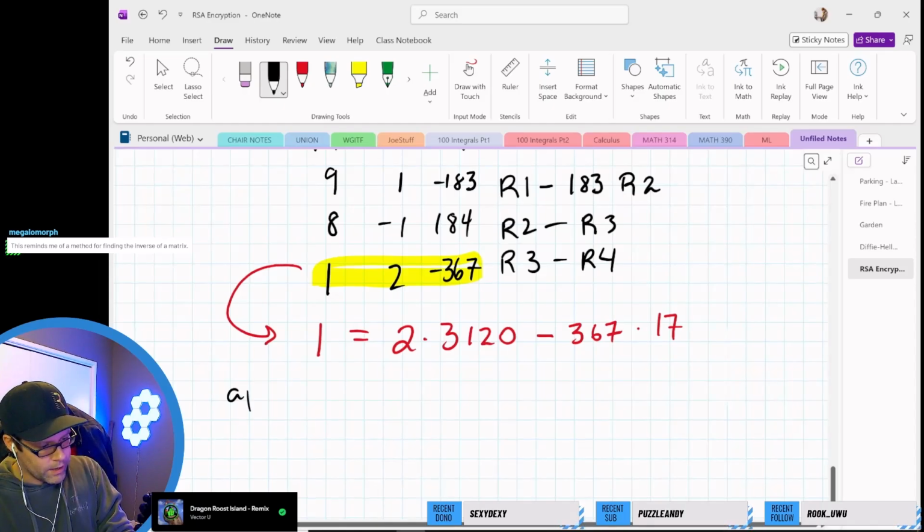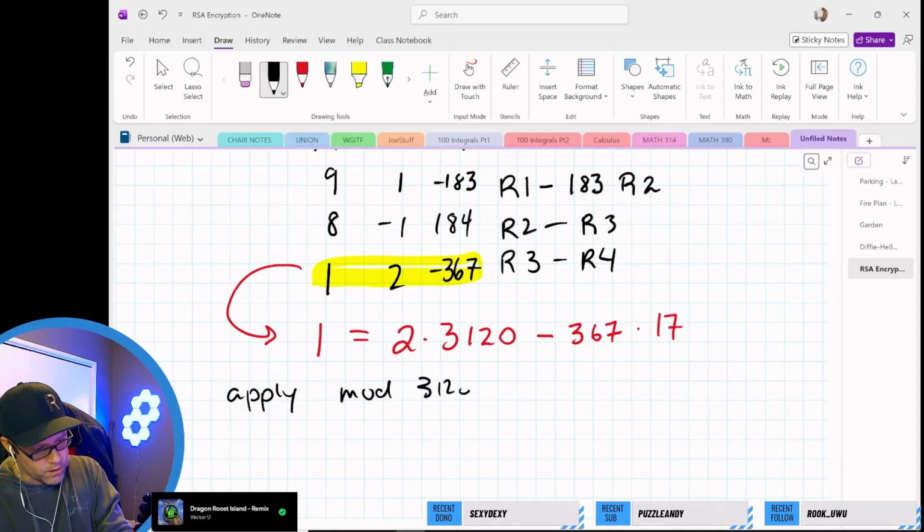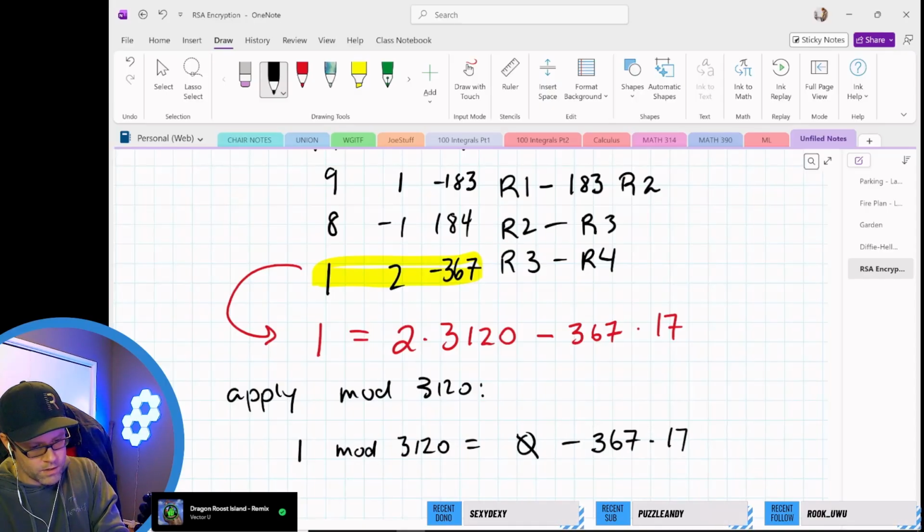So let's apply mod 3120. That's going to give us 1. Mod 3120 is equivalent to, we'll get 0 for this first term. That's going to disappear. And then we'll get minus 367 times 17.